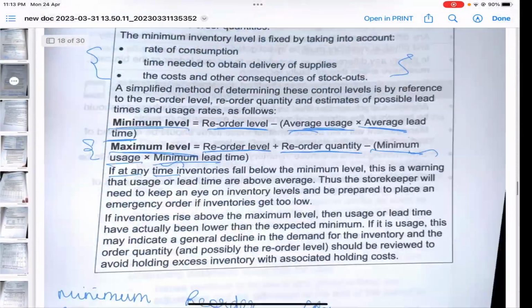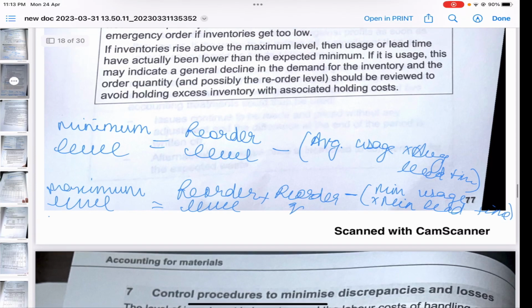Let me quickly go there. Okay, my minimum level would be reorder level minus average usage multiplied by average lead time, whereas my maximum level would be reorder level plus reorder quantity minus minimum usage multiplied by minimum lead time.